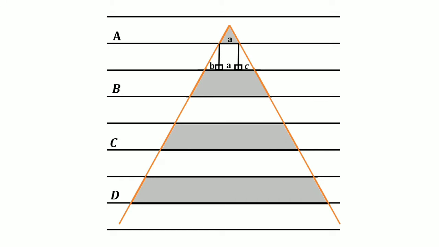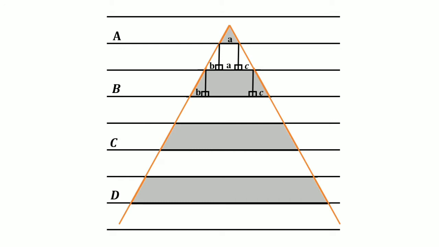Dropping perpendiculars in the next trapezium just below the first, the side on the right is also c and the side on the left is also b, because the parallel lines are equally spaced.